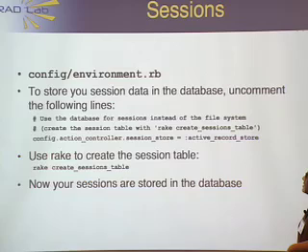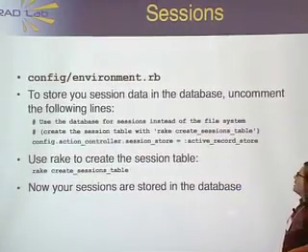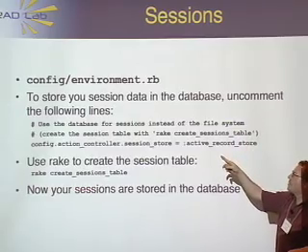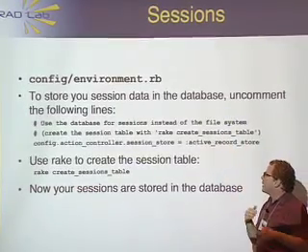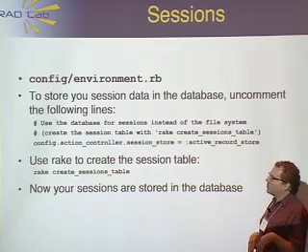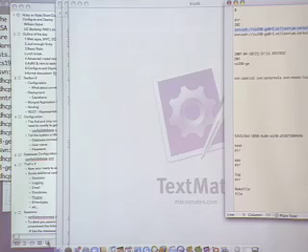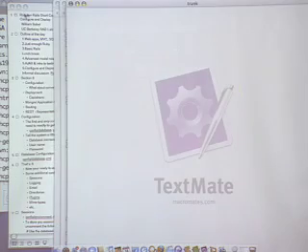So the first thing we want to do is put our sessions into the database. Well, it's really not that hard. There's one line in your environment.rb file. Most of your generic configuration comes into this file called environment.rb. There's a big block in the middle of it where all your configurations go.